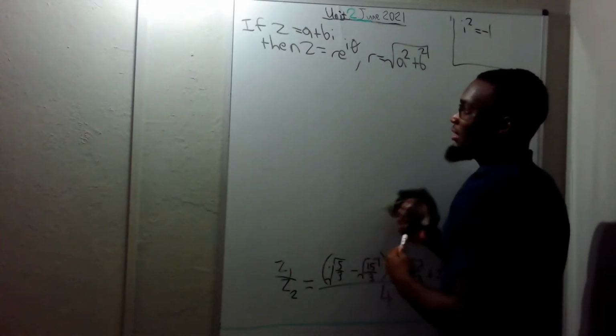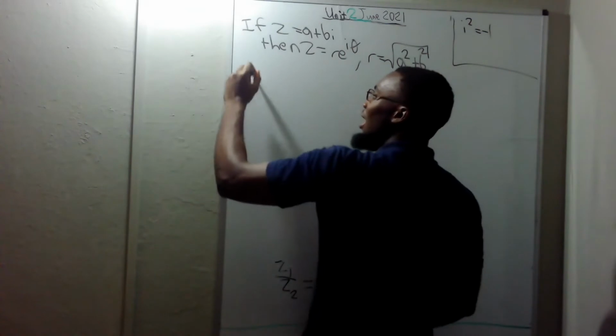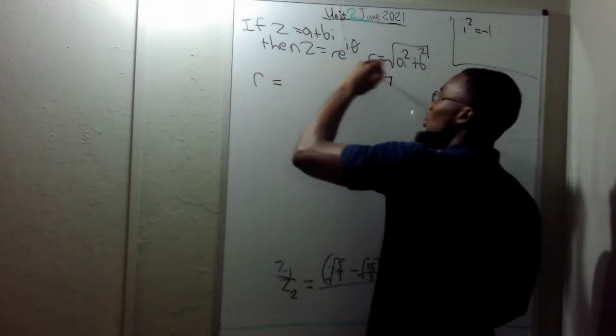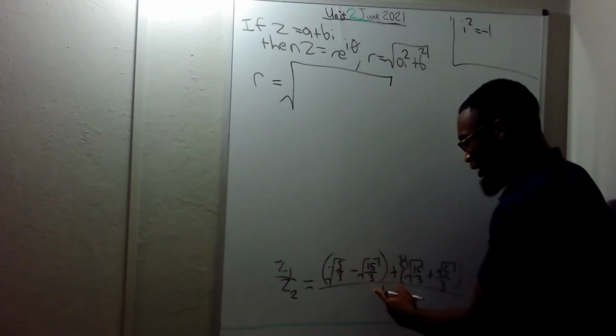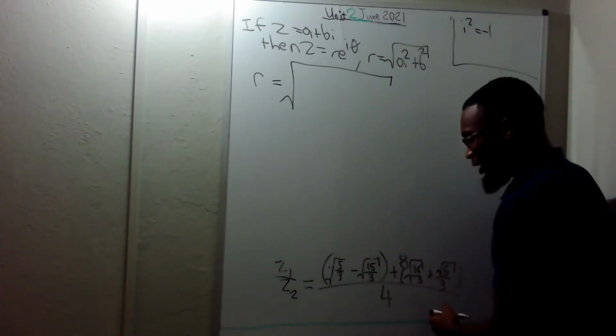So making some space, we know that R is going to be equal to the square root of the real part squared plus the imaginary part squared.